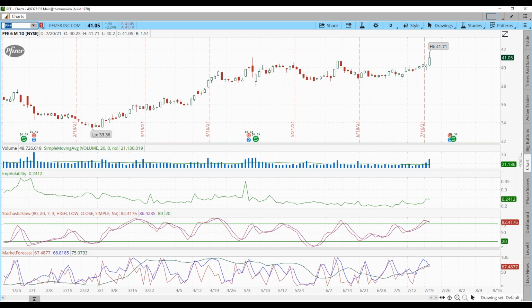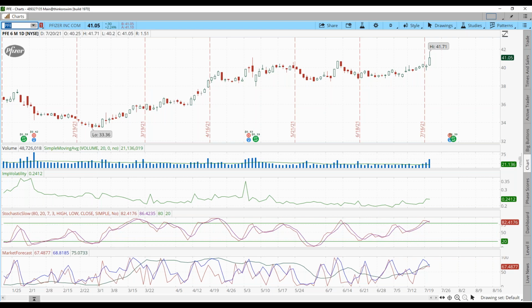Do I use polarized fractal efficiency? No, but that doesn't mean anything. There are literally hundreds, if not thousands, of indicators that I don't use, right? Me using or not using an indicator doesn't say anything about it.